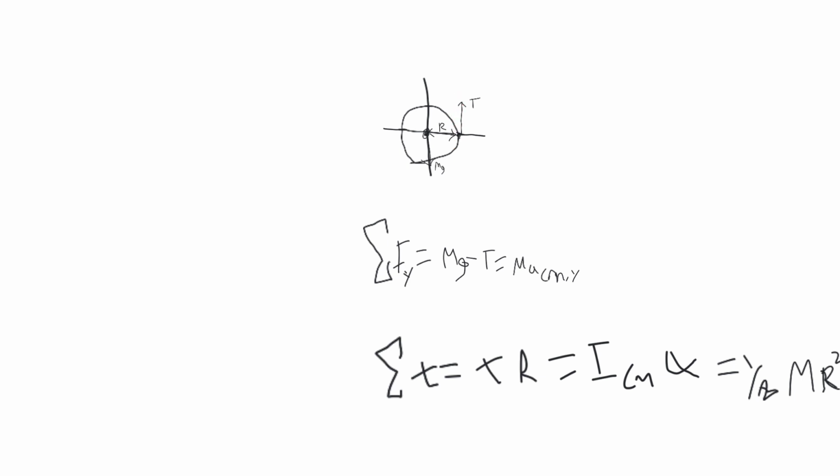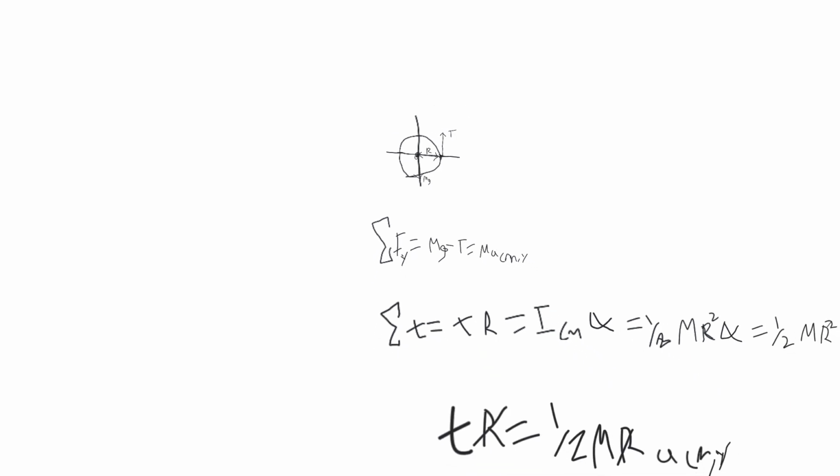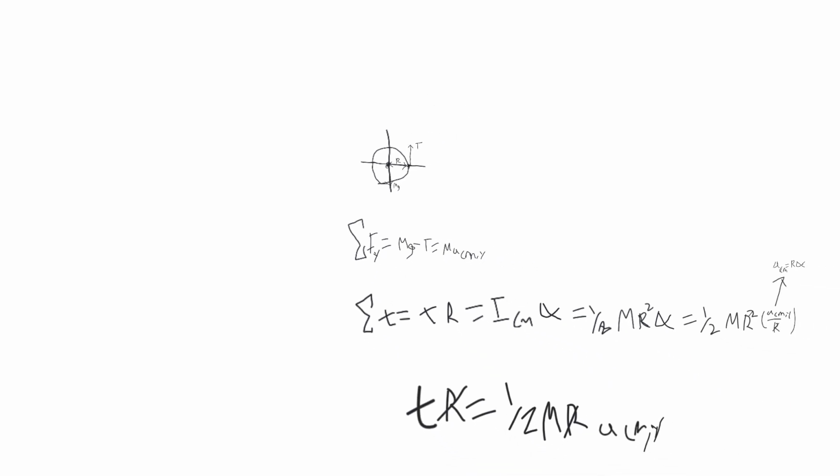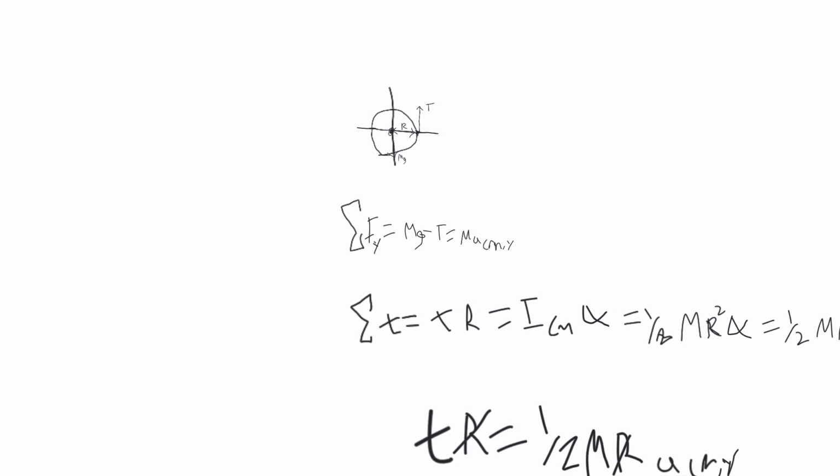Now, to find the acceleration, we need to derive it from a number of expressions. The sum of the forces in the y direction is equal to the weight force minus the tension force.